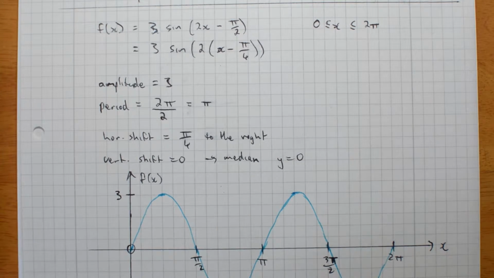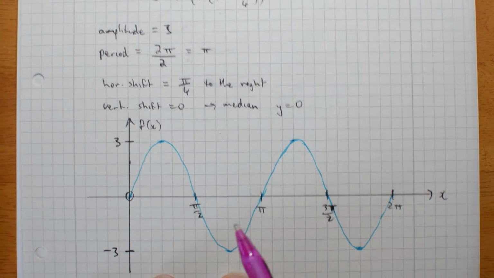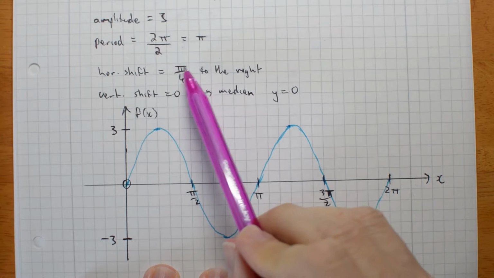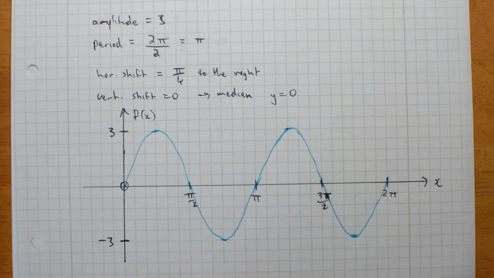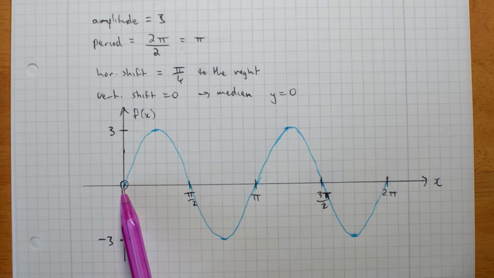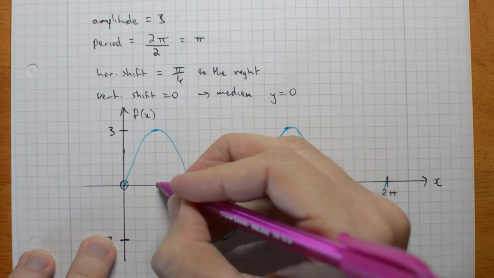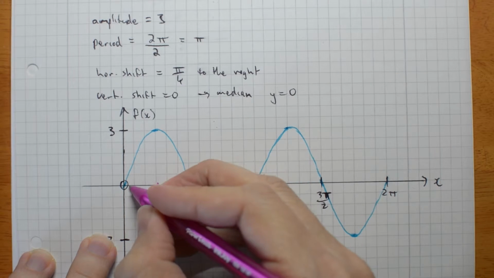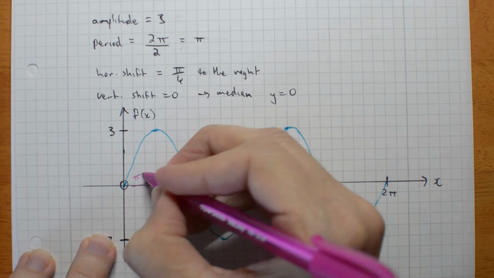Now what we're going to do is shift this graph from here by pi on 4 to the right. Now how big is pi on 4? Well, if that's pi on 2, this is pi on 4. So this one is 0 here, so it's actually only just getting here. I've shifted it this way by pi on 4.